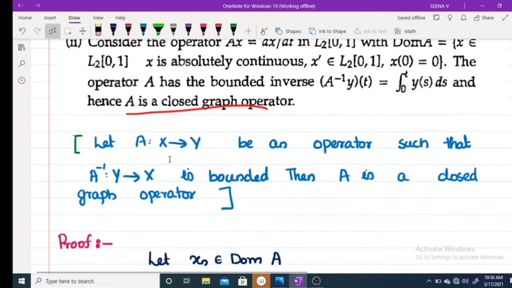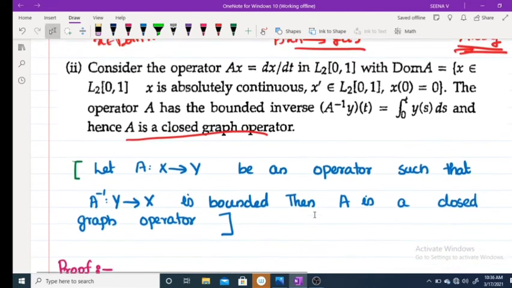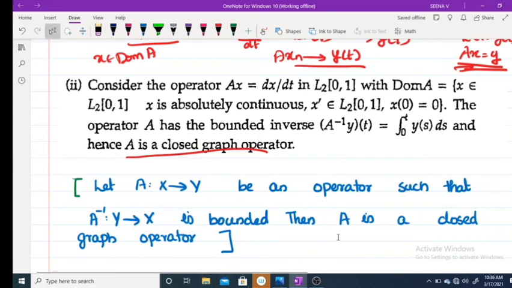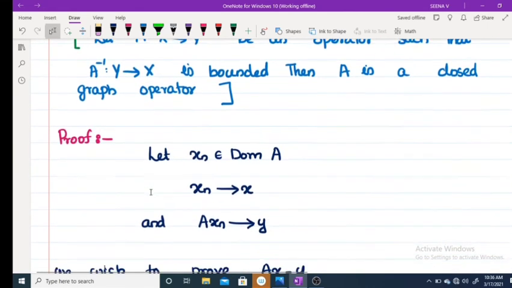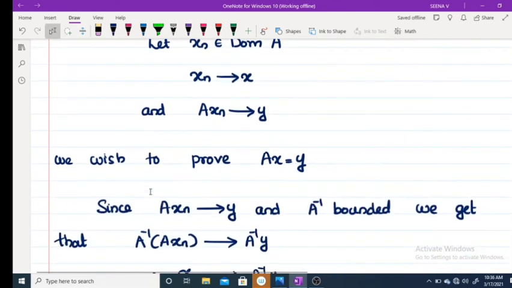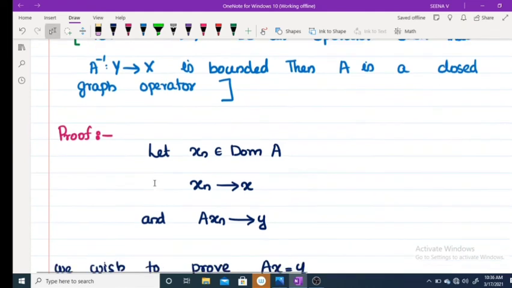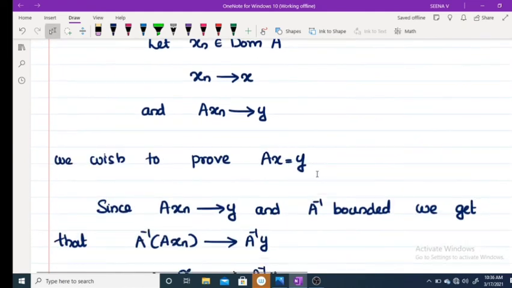Here A from X to Y is an operator such that A inverse from Y to X is bounded. Then A is a closed graph operator. Let xn belong to domain of A, xn converges to x and Axn converges to y. We wish to prove that Ax equal to y.